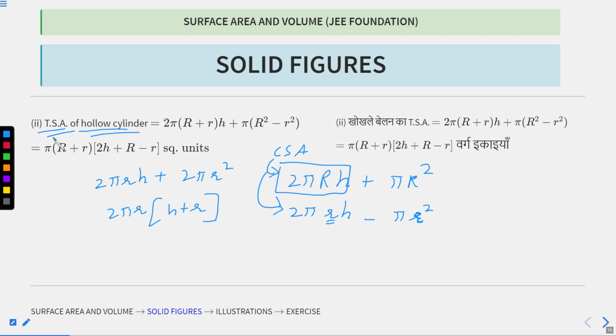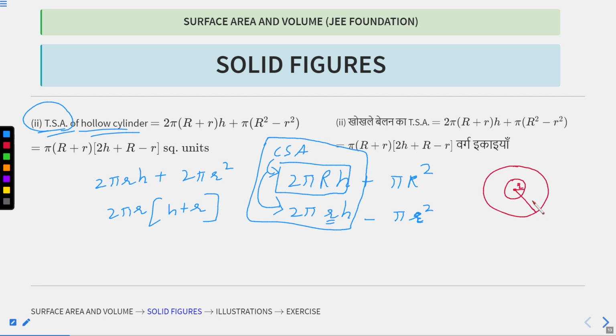Because we want to evaluate the total surface area and we already know the curved surface area, the only thing we have to add is the upper part of the surface, which looks like this. This is r, this is capital R.